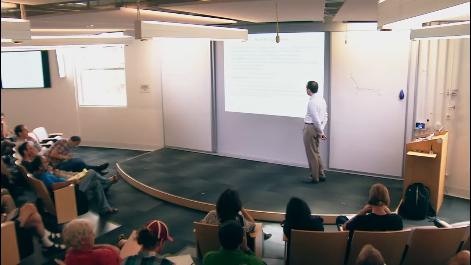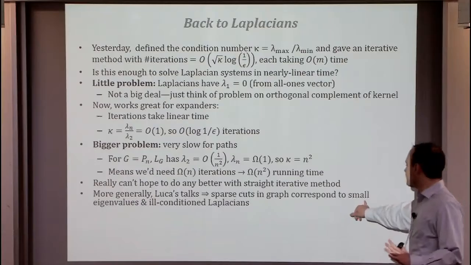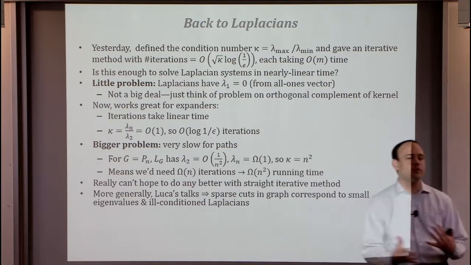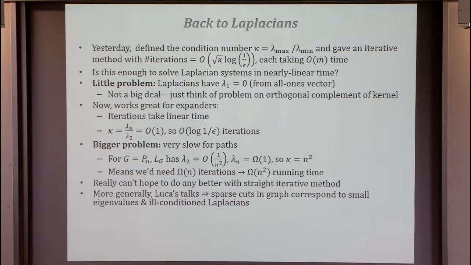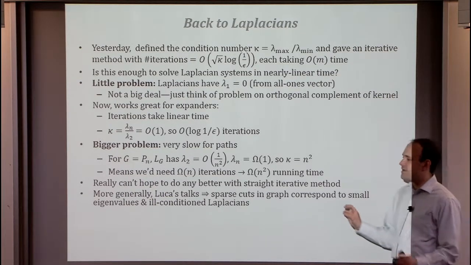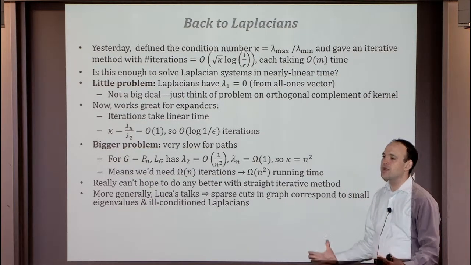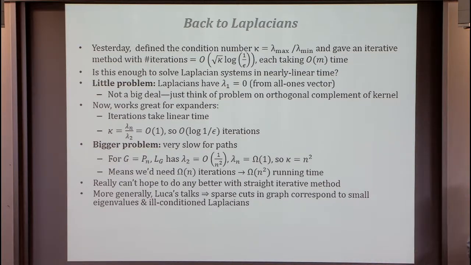Okay. And just more generally, this is maybe the jumping-off point for some of this recent line of work: it's not just that lines are bad and expanders are good. It's that there's a very strong connection between the conditioning of these Laplacians and the cut structure. Right? Luca's talks didn't just show you Cheeger's inequality, which says cuts are directly boundable in terms of the condition number of these things and vice versa.